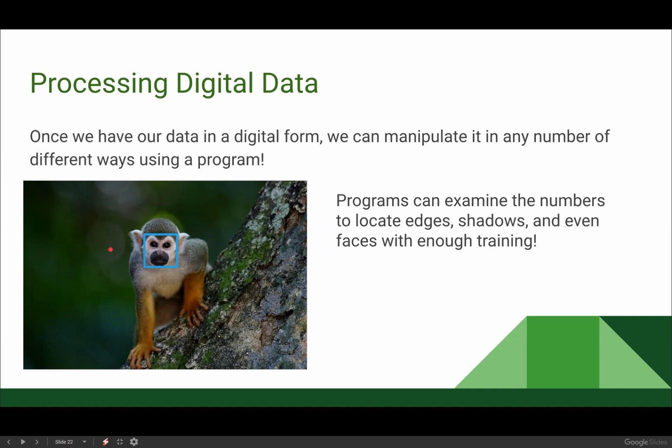They can find shadows. They can even find faces if we train them to do that. So there are different computer algorithms for automatically green screening you, even if you don't have a green screen behind you. It'll locate the edges around your body and just replace everything else in the image with something else. That's kind of what Zoom does with the digital backgrounds. It uses a computer algorithm to recognize the outline of where you are and replace everything else in the image with that background.